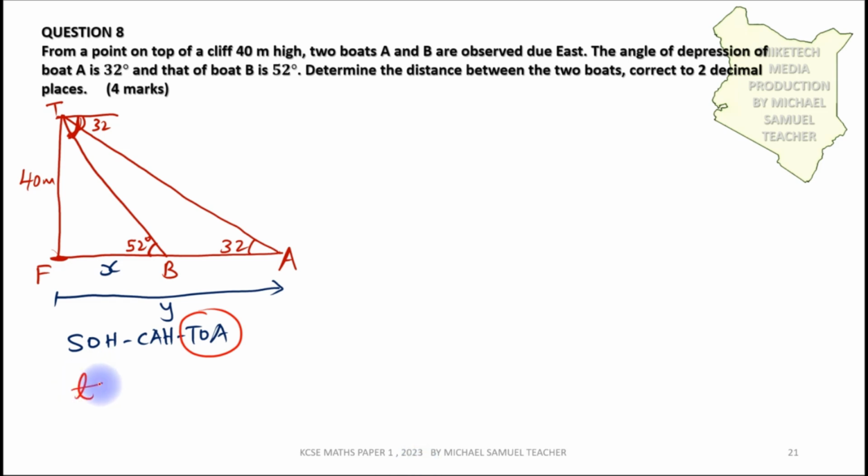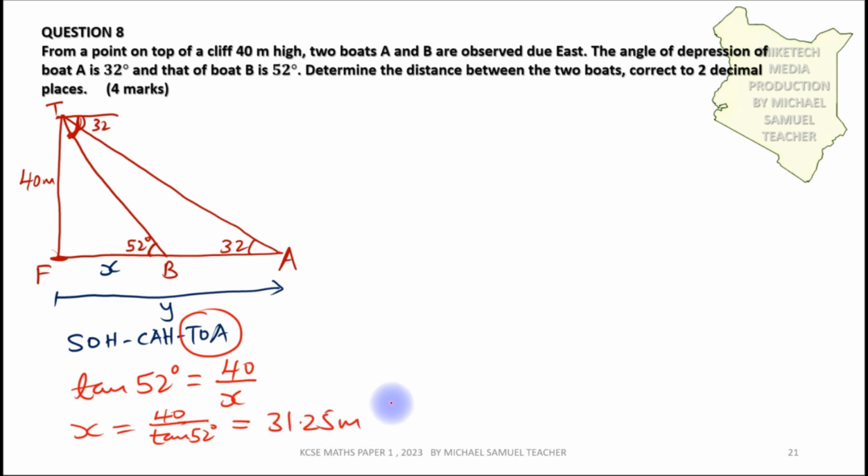So tan 52 degrees will be equal to the opposite, which is 40, divided by x, and therefore x will be 40 over tan 52 degrees, which is actually equal to 31.25 meters.